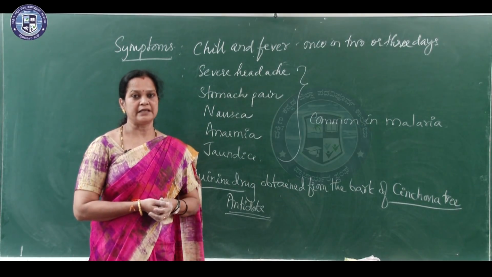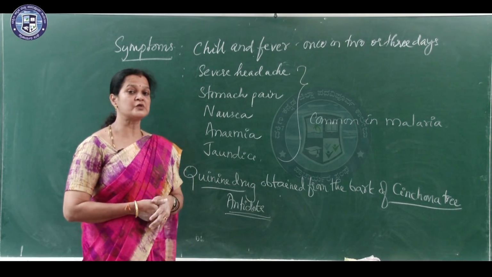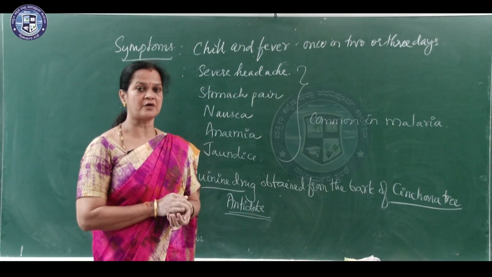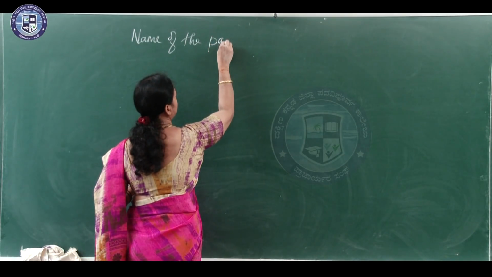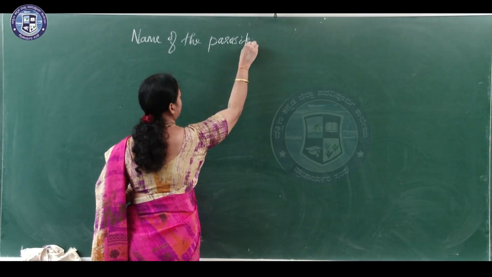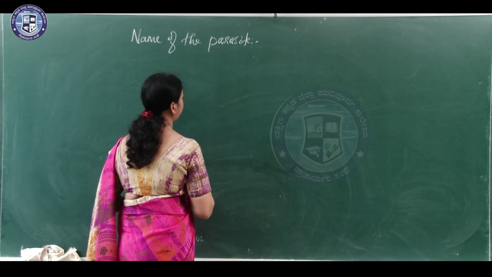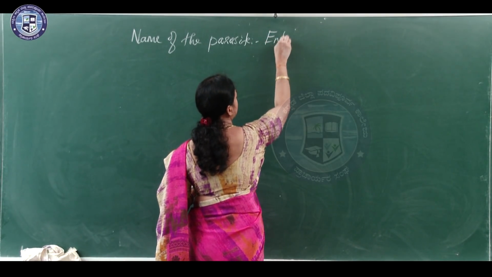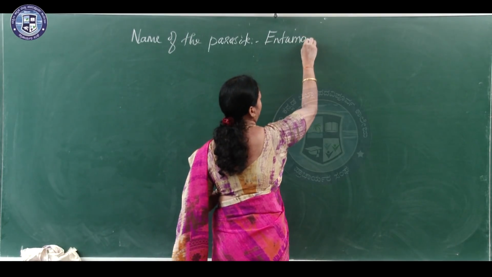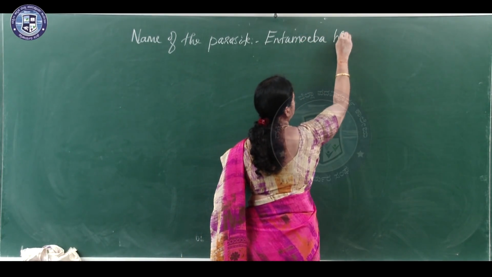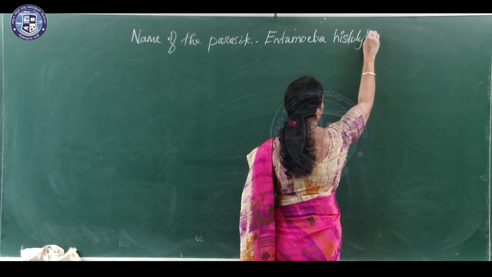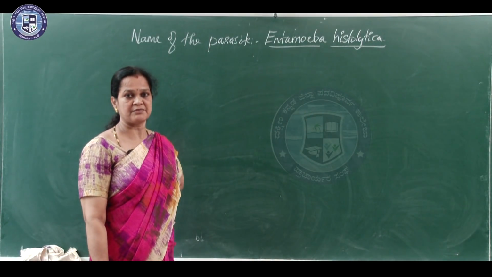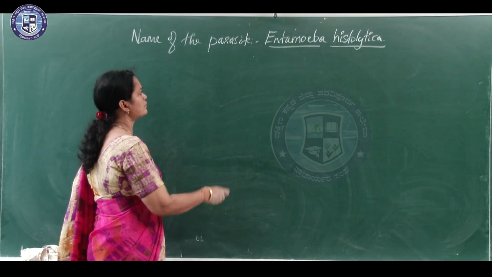This is about malaria. Now, we will move on to another protozoan infection, amoebiasis or amoebic dysentery. Name of the parasite: Entamoeba histolytica is the name of the pathogen.